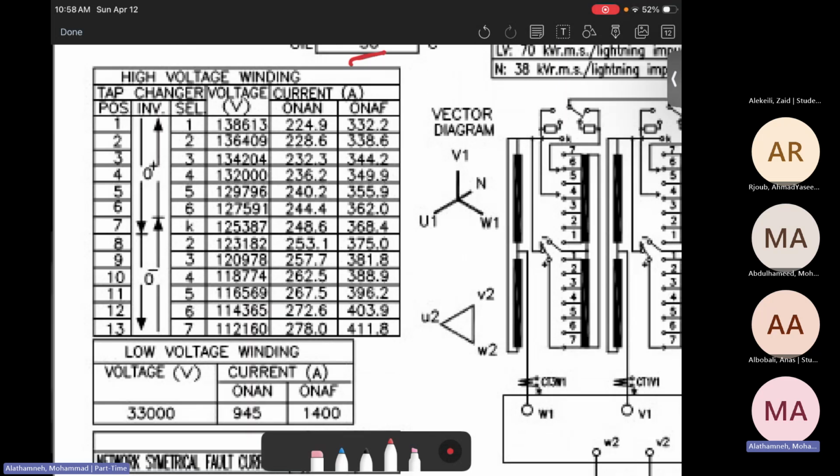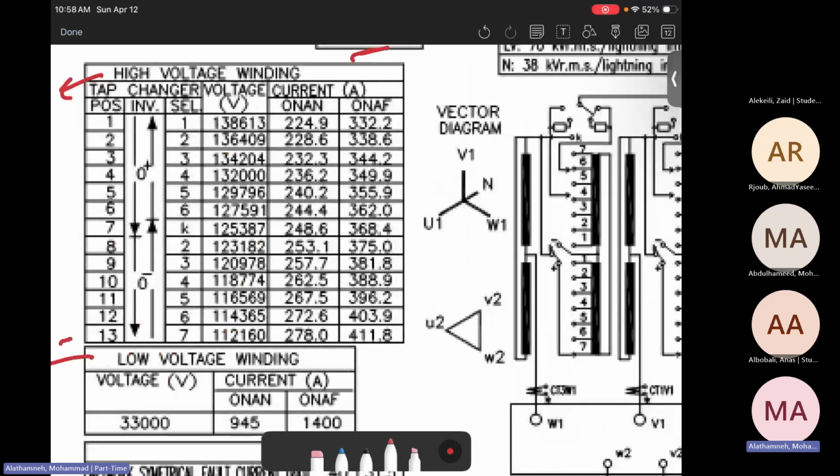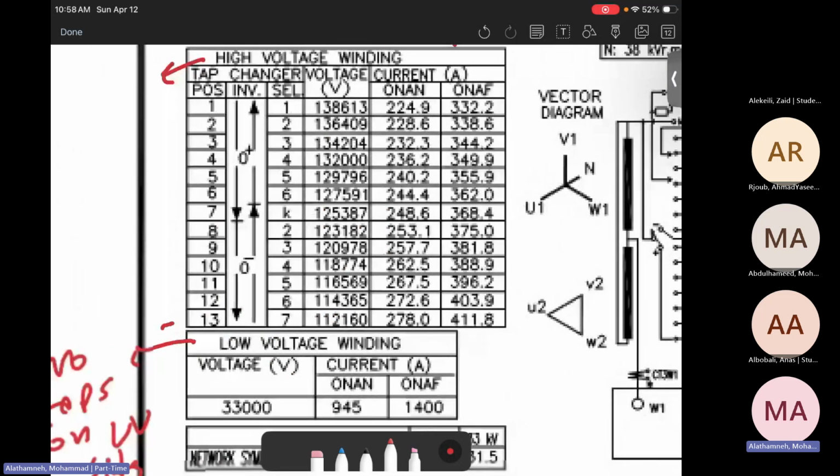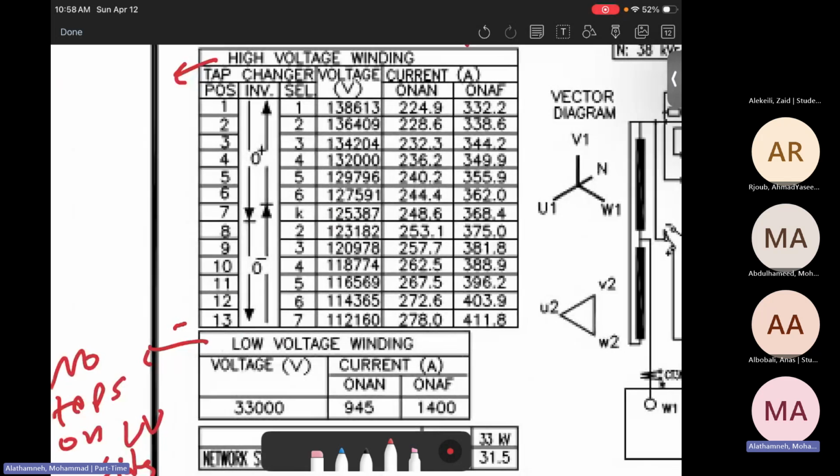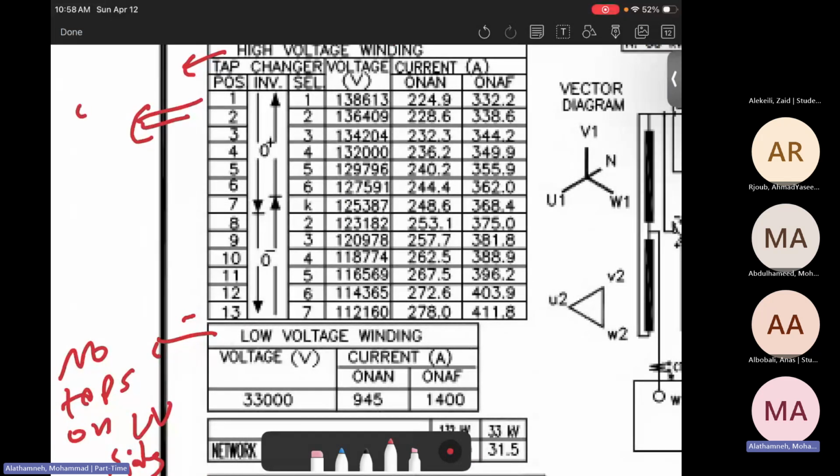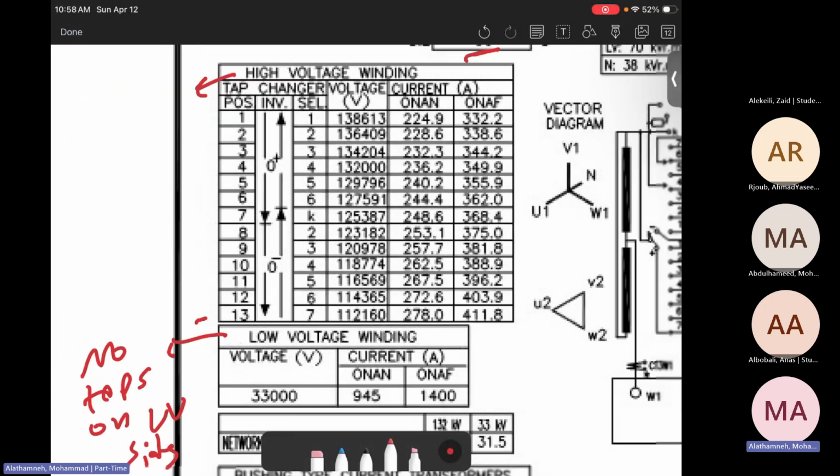You can see there are, I would say, 14 positions. This is, I mean, a lot. There are 14 positions. Those tap changer positions use an on-load tap changer, which will be switched automatically. How can it be switched automatically?